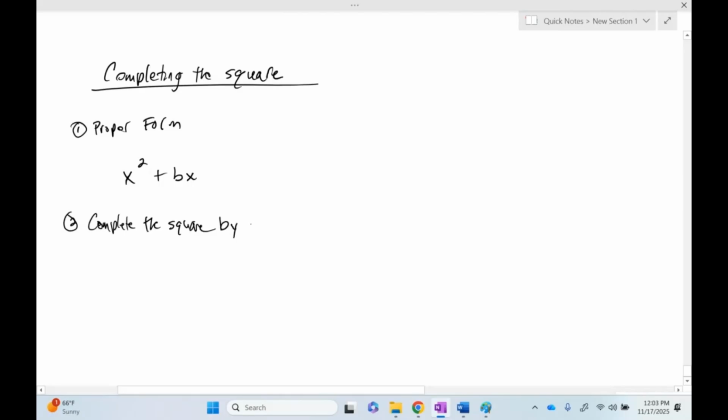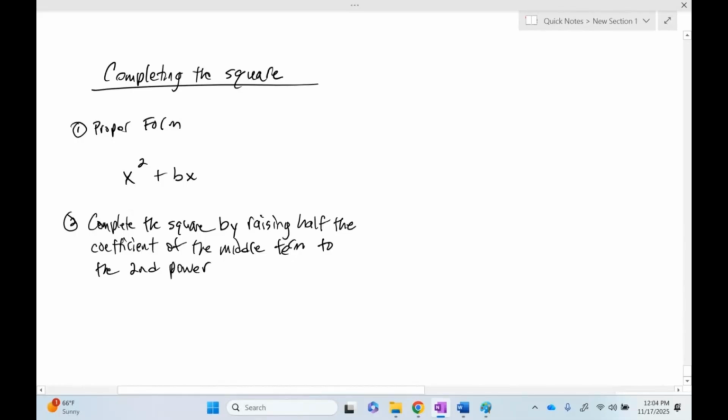You complete the square by raising half the coefficient of the middle term to the second power.